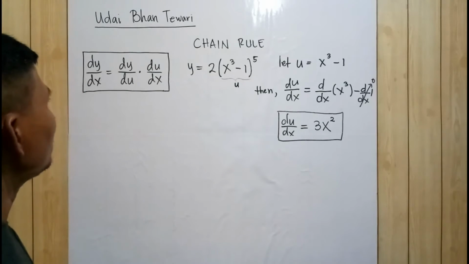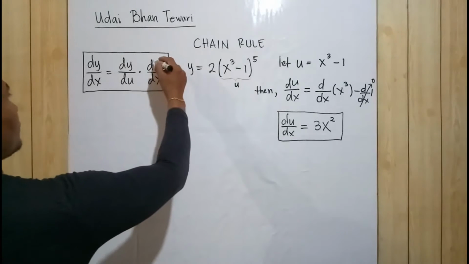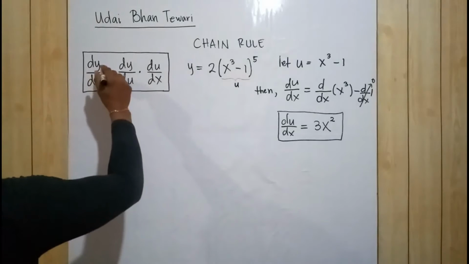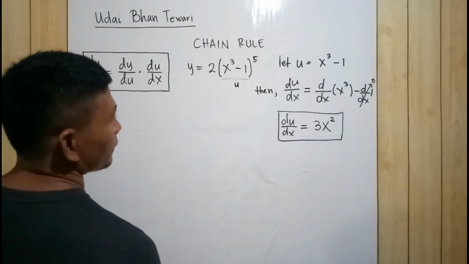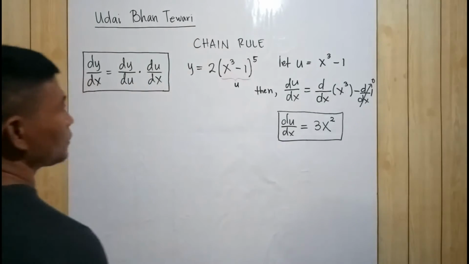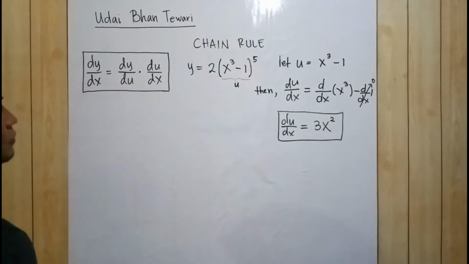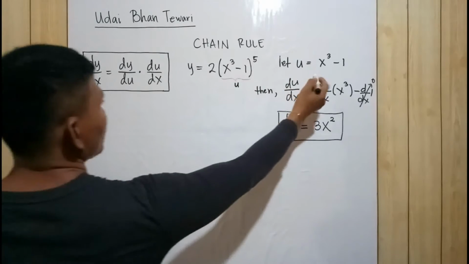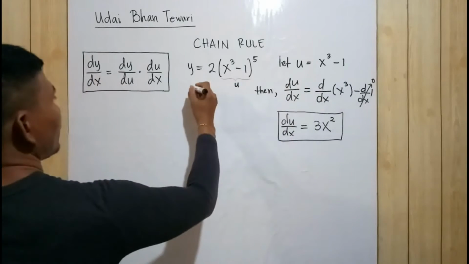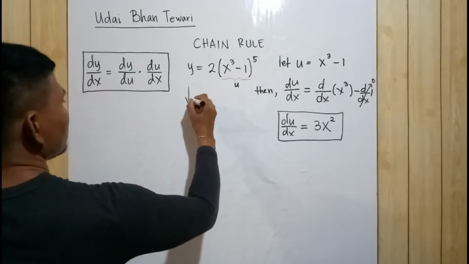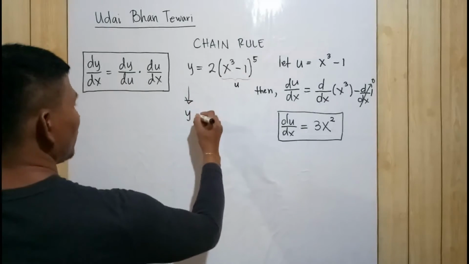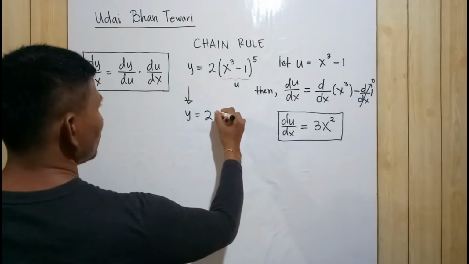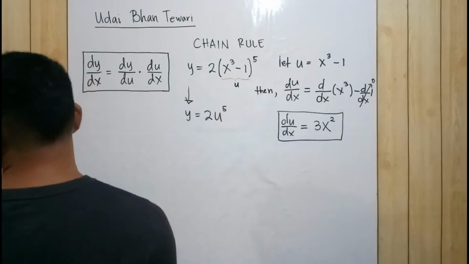We just have du/dx, this part of our equation to find dy/dx. Okay, so the next thing is to find dy/du. Since we let u be equal to x cubed minus 1, it follows that our y is equal to 2 times u to the power 5.